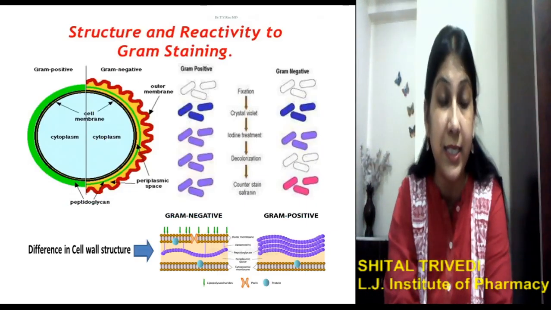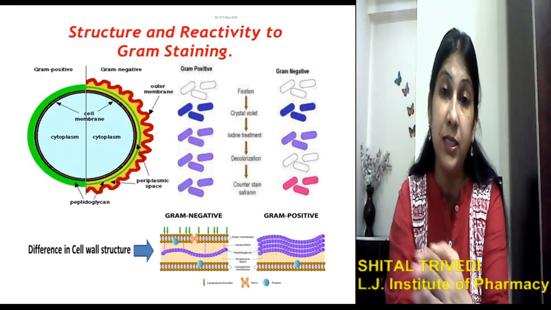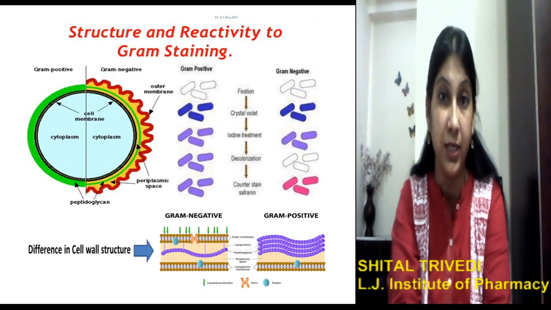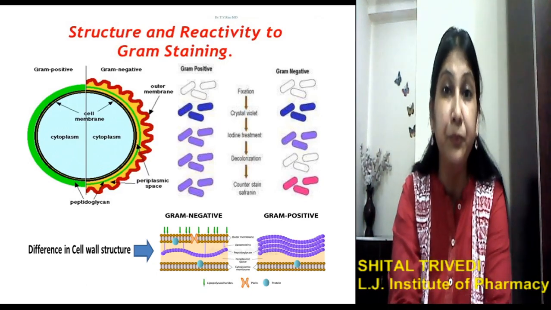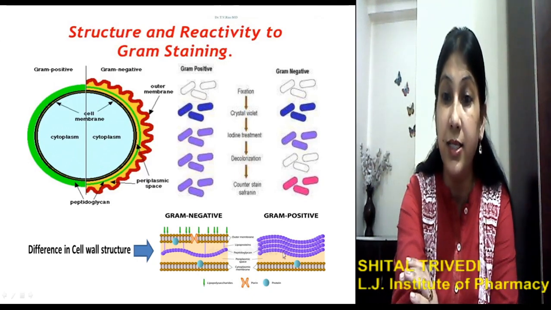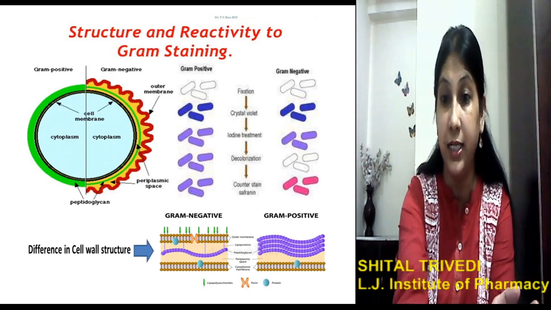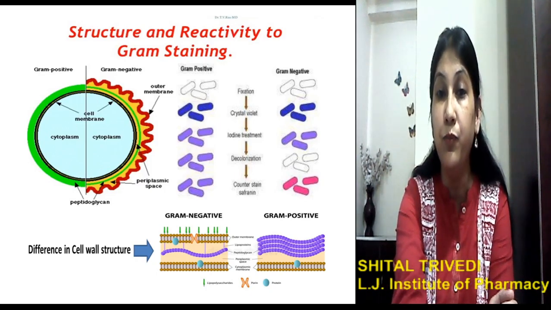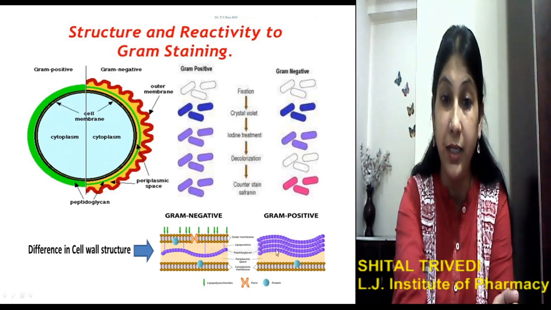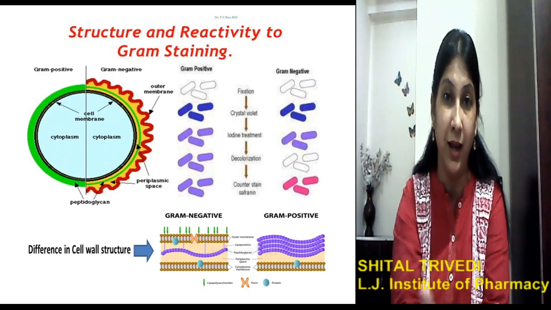If we see this diagram, gram positive bacteria contain a very thick layer of peptidoglycan, whereas gram negative bacteria contain a very thin layer of peptidoglycan.